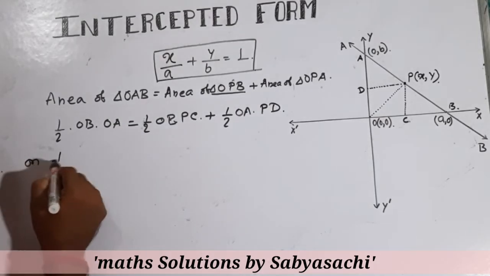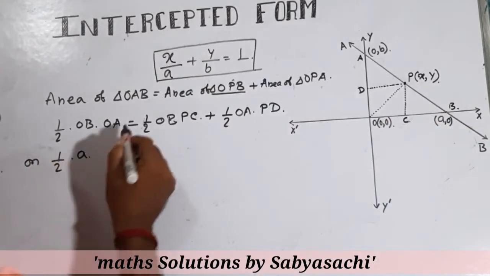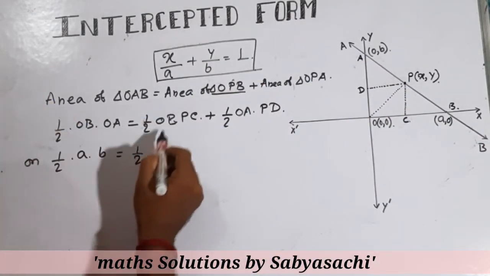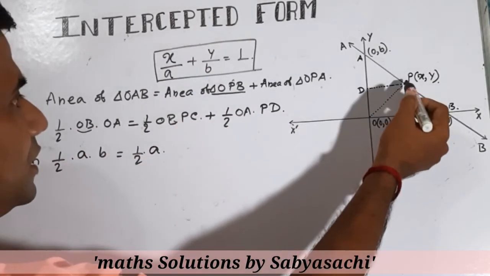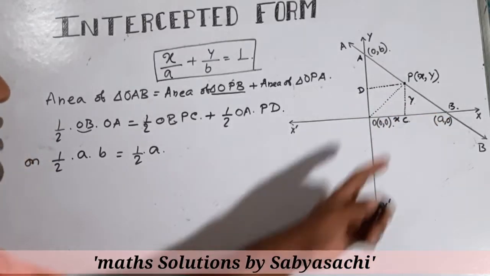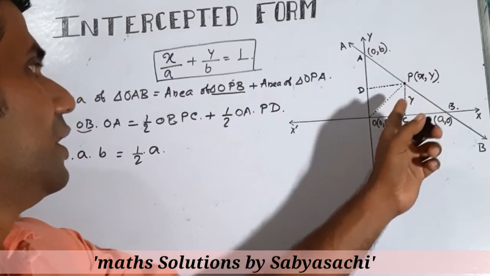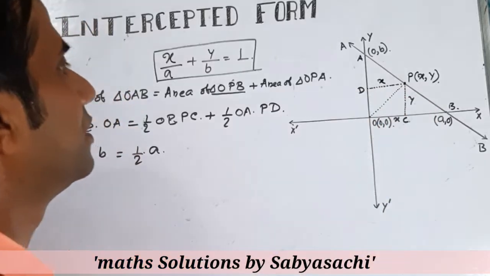Here OB means b and OA means a. PC is y and PD is x, because the coordinate of P is (x, y). If OC is equal to x, then PD is also x.